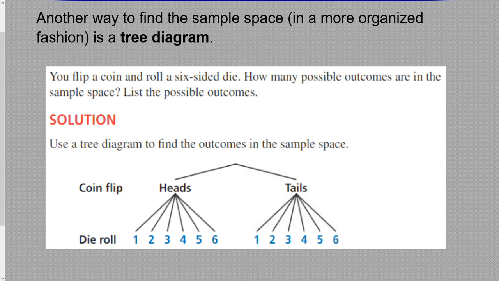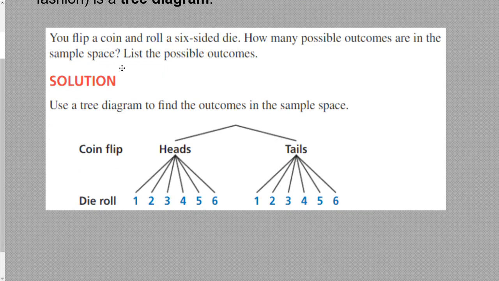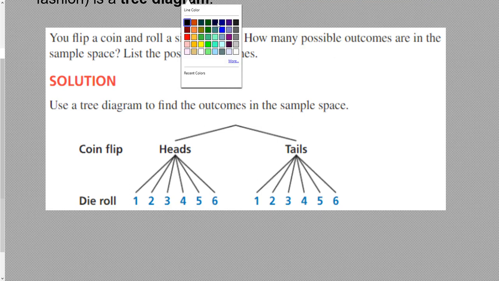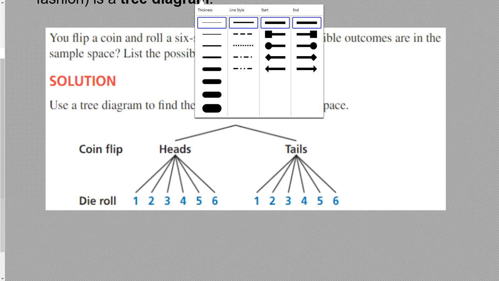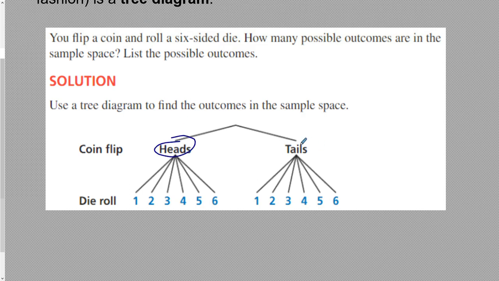So the tree diagram allows us to take each event separately. So let's start with the coin flip here. So if I start with the coin flip, there are two things that could happen, right? I could get heads or tails. After I get heads, I roll a die and I could get any of the 6 sides. However, I could get any of those 6 sides after I flip tails.